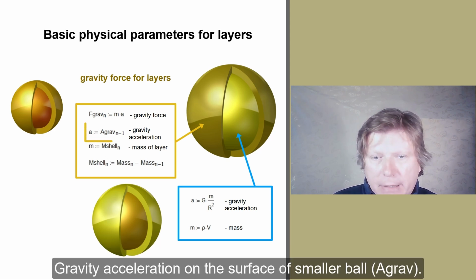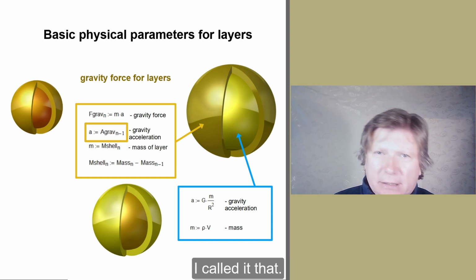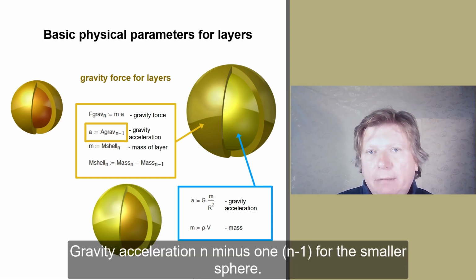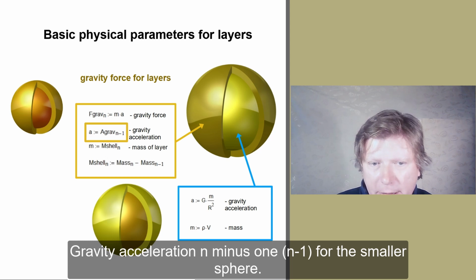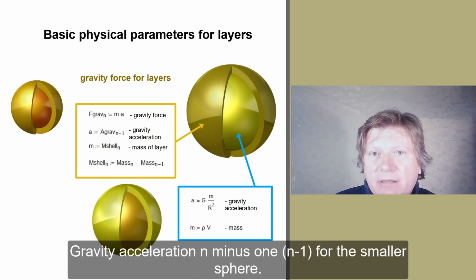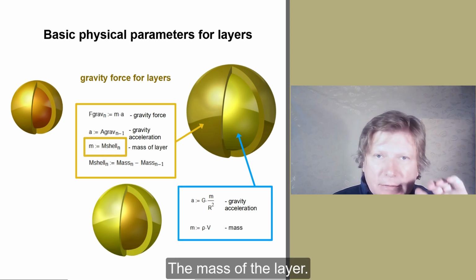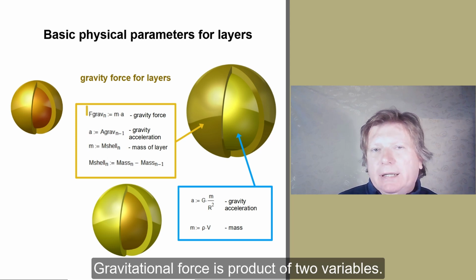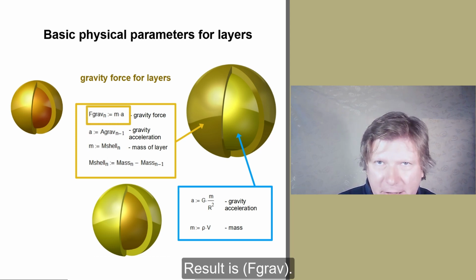Gravity acceleration on the surface of the smaller ball. I called that gravity acceleration n-1 for the smaller sphere. The mass of the layer. Gravitational force is the product of two variables. The result is F graph.